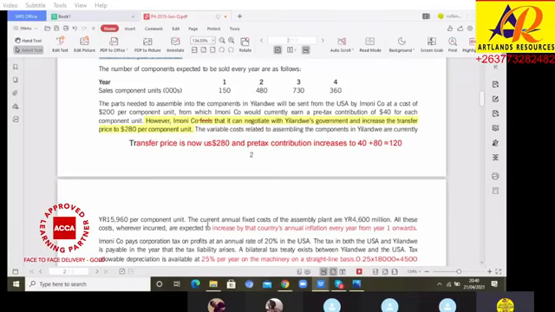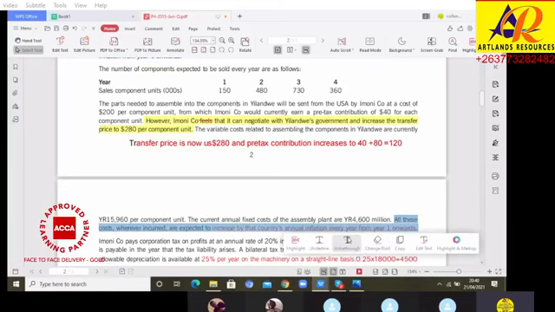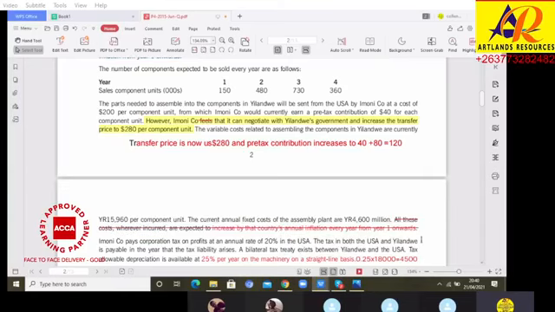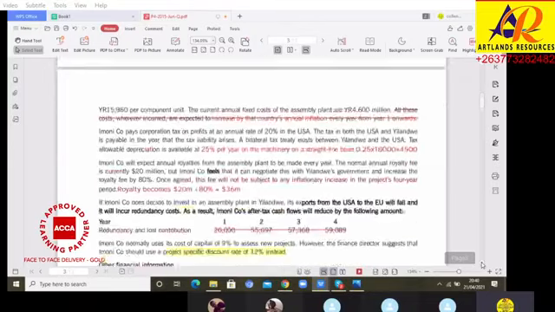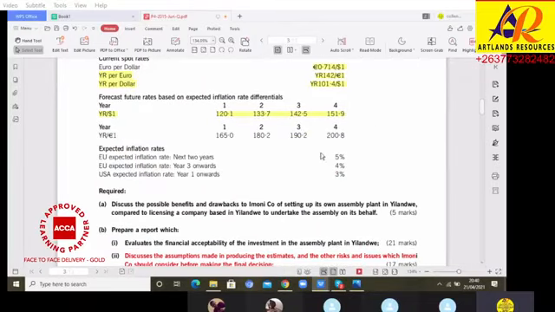But we are also told that all these costs, wherever they are incurred, will increase by that country's inflation. So the components will not remain 280. They will increase by US inflation, and the US inflation from year 1 is 3%.